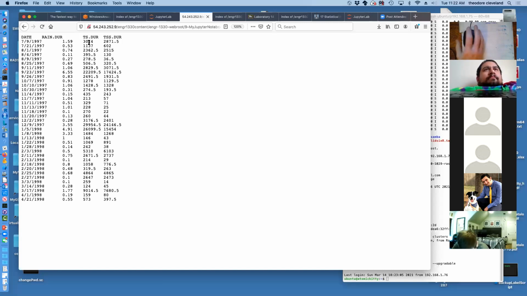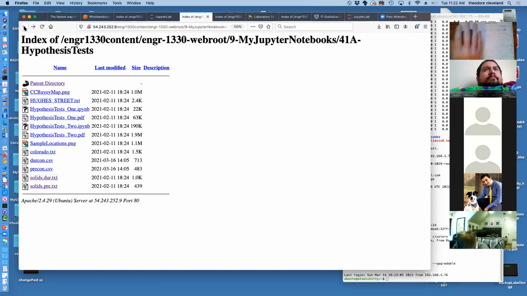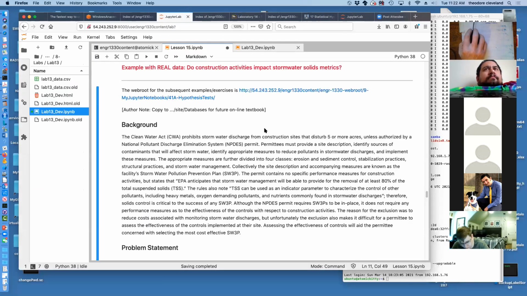And the obvious question is, does construction activities in this regime have an impact on stormwater discharge? The intuitive answer is it probably does, but we can back that intuitive answer up with our observations.